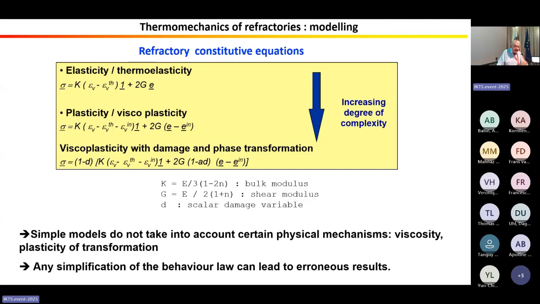But we have an increase of the degree of complexity of the model if we introduce all these different phenomena. Simple models do not take into account certain physical mechanisms: viscosity, plasticity, transformation. Any simplification of the behavior law can lead to erroneous results.